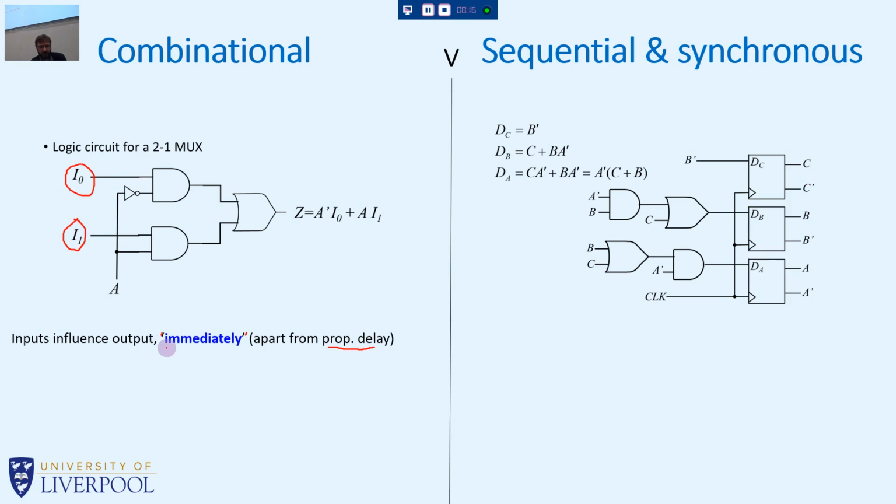When I say immediately, it's within a couple of nanoseconds, let's say, but it's just the time that it takes for the signal to travel through the gates, down the wires, and then be monitored as output. So we can see here that this is an output of the circuit if the signal is traveling from left to right, which you would usually assume, unless you're told otherwise, on a diagram of this type. So we have a combinational output. Z is not A I0 plus A I1. Okay. So that's pretty straightforward, but it all happens in pretty much real time.